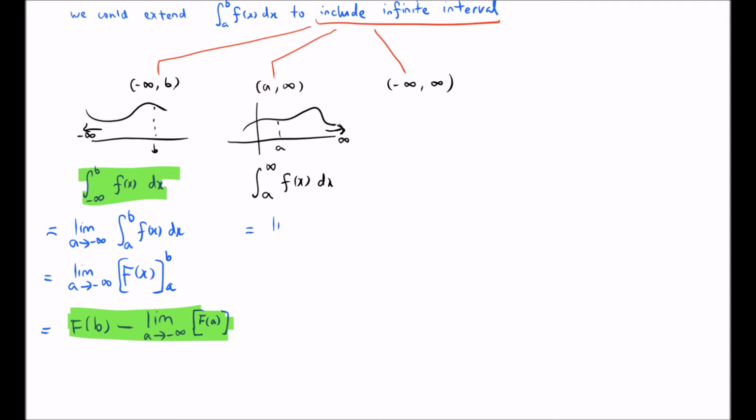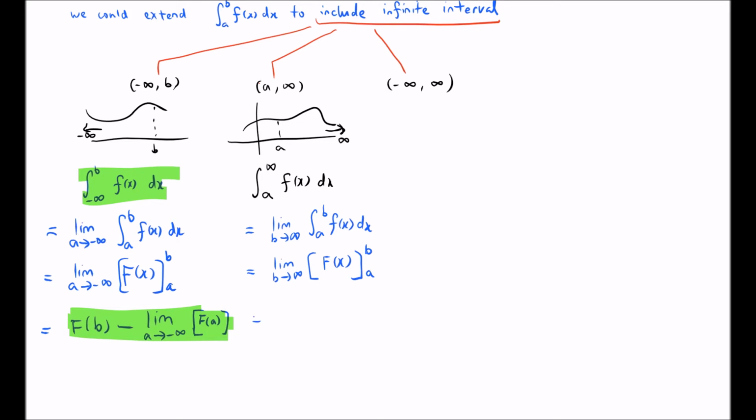Again, we use the limit idea: b approaches infinity, then integrate a to b of f(x) dx, then equals the limit. Now you use your capital F(x), same thing, you put b on top and a below.